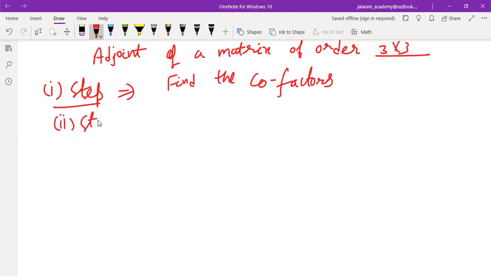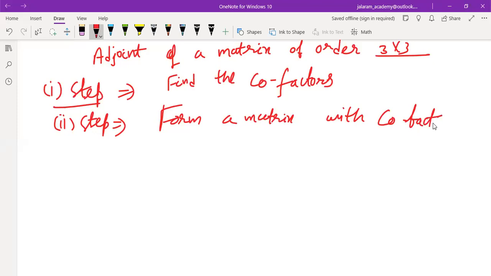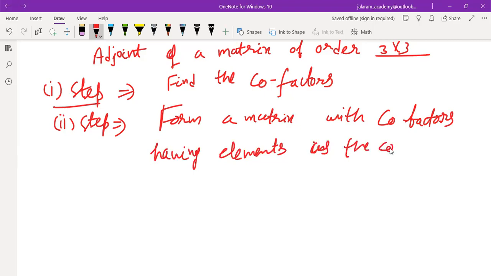Second step, form a matrix with these cofactors, having elements as the cofactors in the same order.